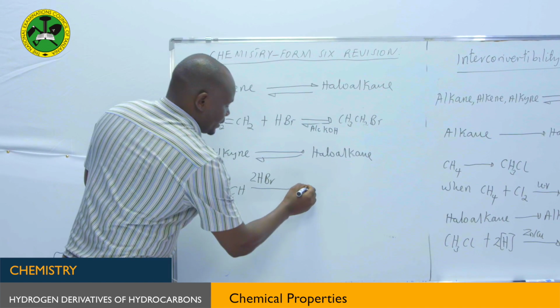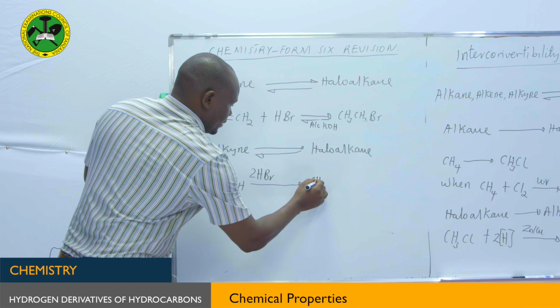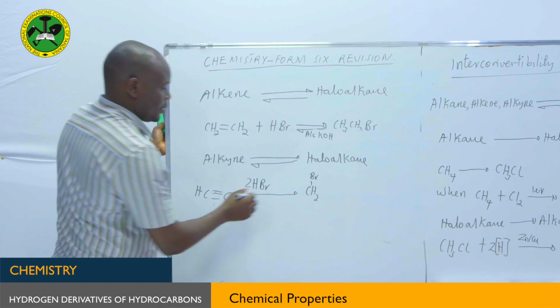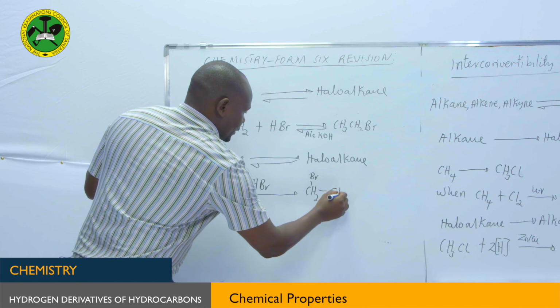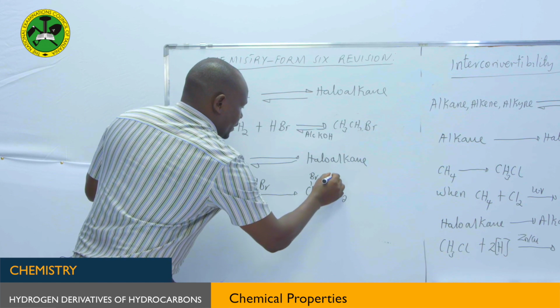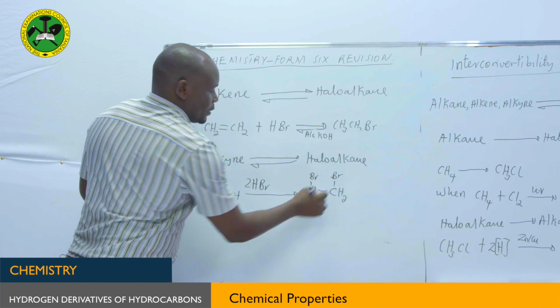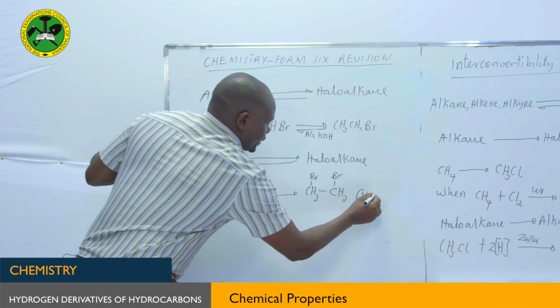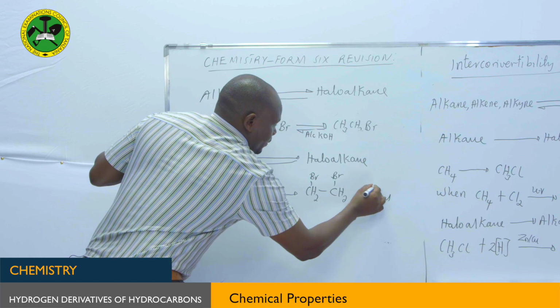Under a condition, now you'll have CH2Br and CH2Br. This is our haloalkane and it is known as a vicinal compound.